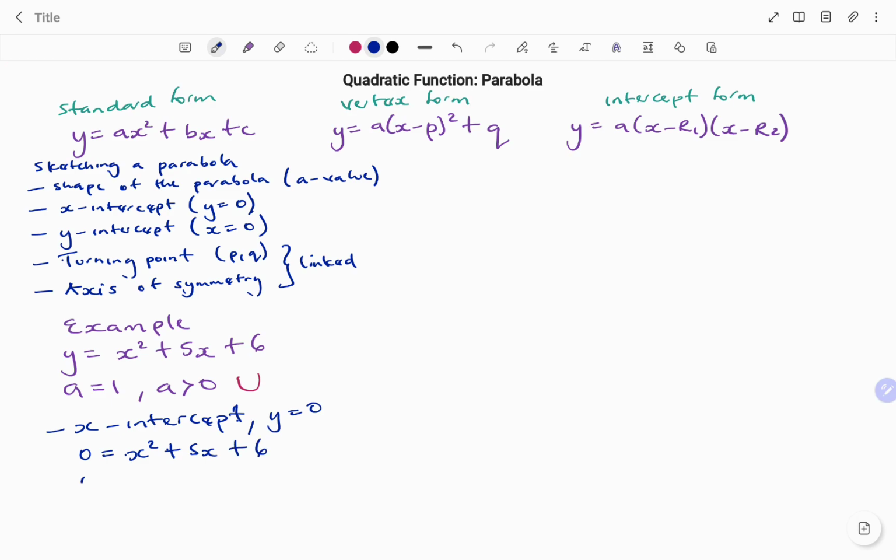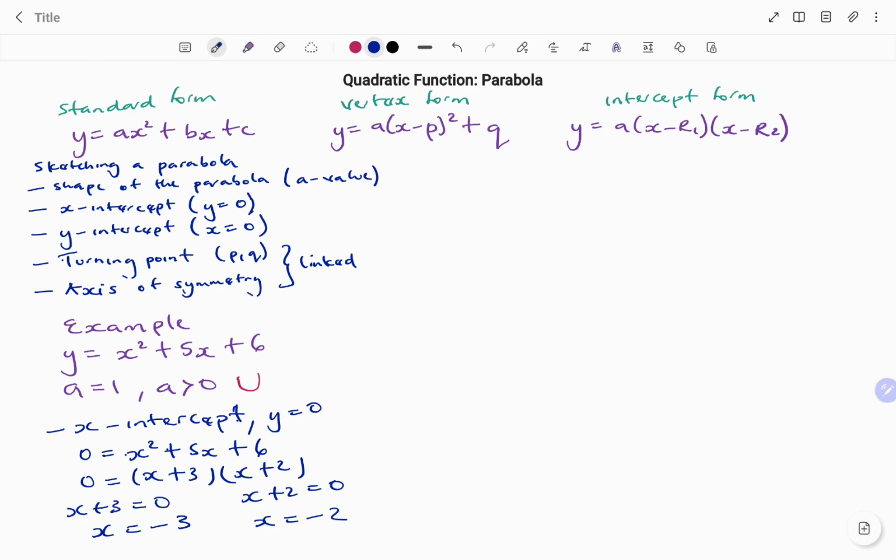Using the factorization method, if I have my 2 brackets, I have x plus 3 and x plus 2. That means x plus 3 equals 0, x equals minus 3, and x plus 2 equals 0, x equals minus 2.